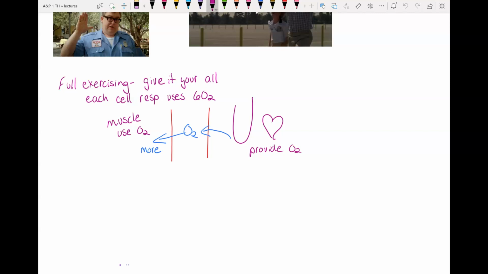So the result of that is the amount of oxygen in your blood drops. So in this scenario, exercising as fast as you can, your muscles use more oxygen than your heart and lungs provide.